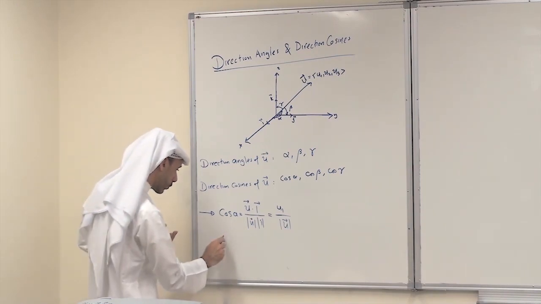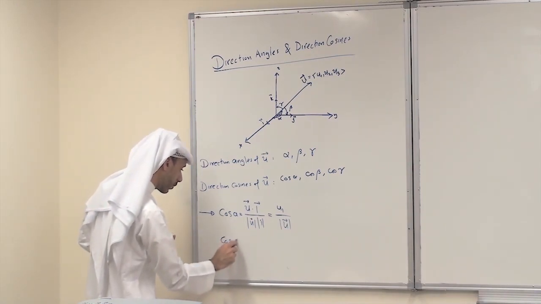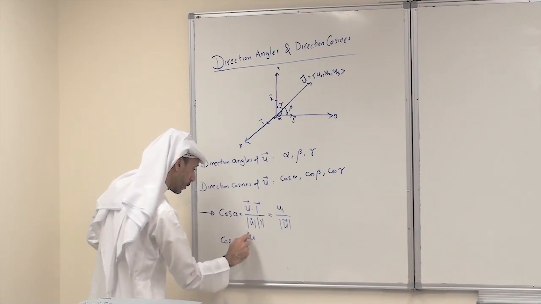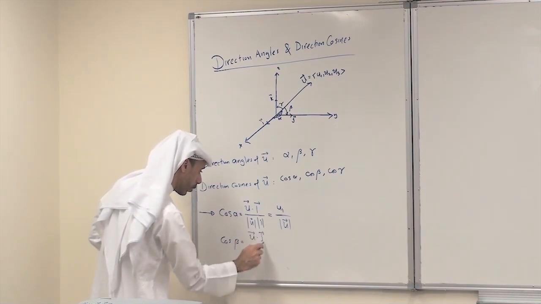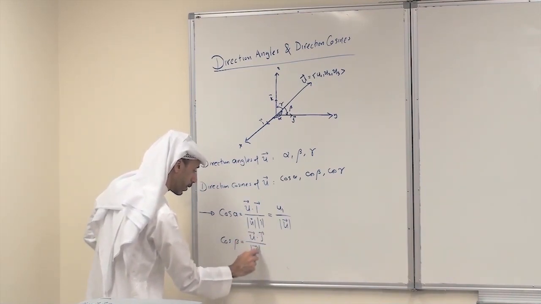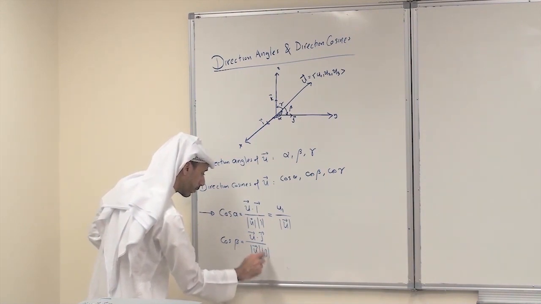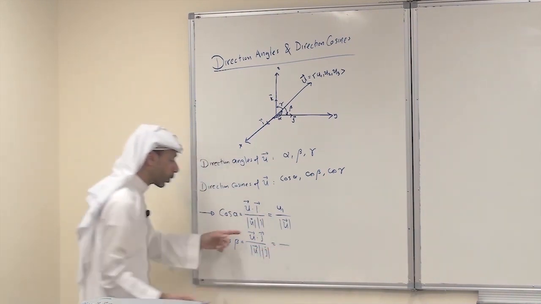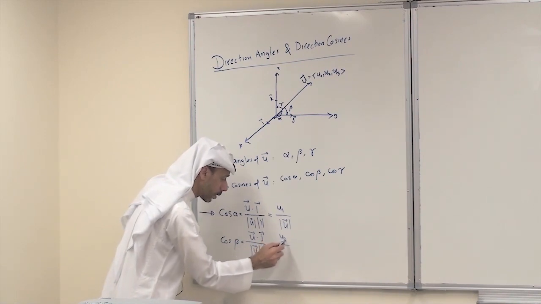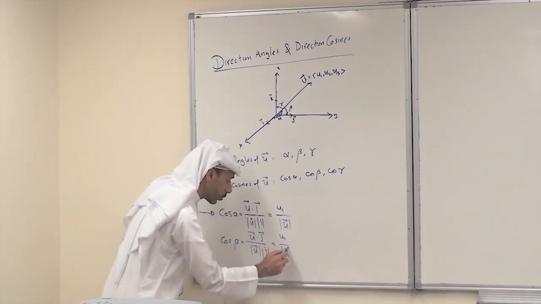Okay. Similarly for cosine beta, it is u dot j over the magnitude of u times the magnitude of j. When you do the dot product, I get u2 over the magnitude of u.